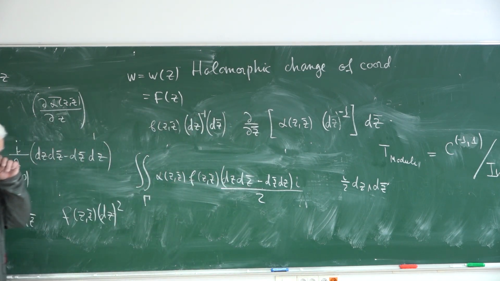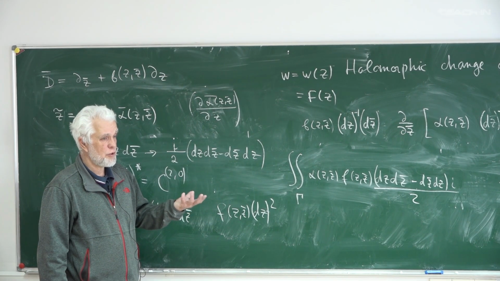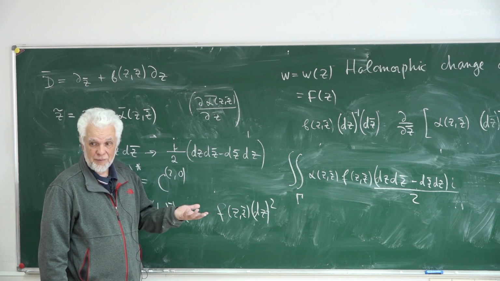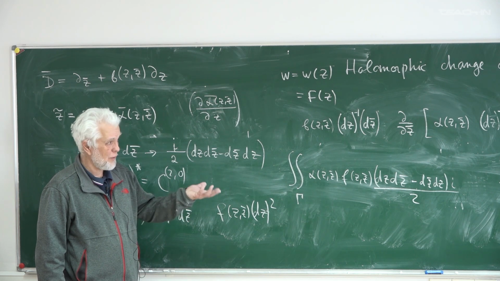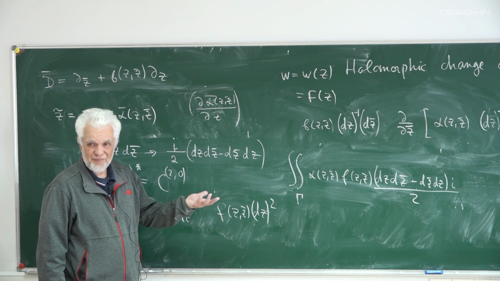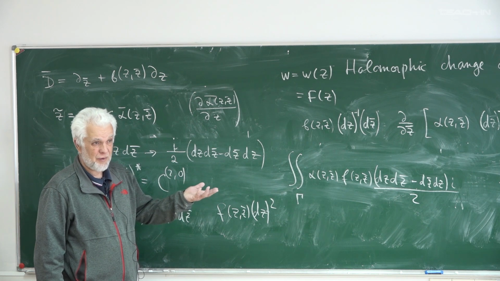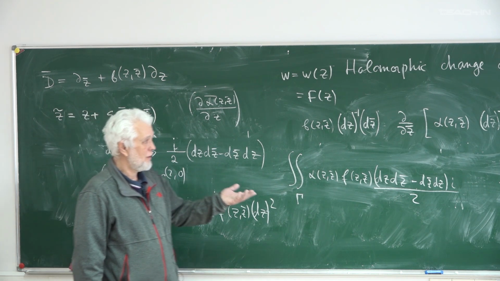What's the natural measure? Not measure, but what we can integrate. Which objects can be integrated over gamma? Two forms. Yes, one forms. One forms, but in different. Two forms, but you see.